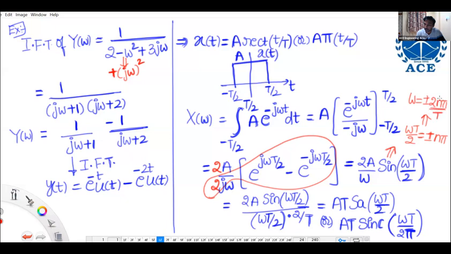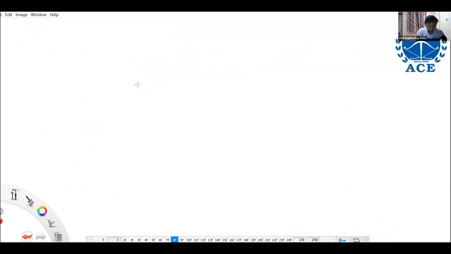If I substitute omega as 2 pi by t, sin pi by something, gone. If I substitute omega as 4 pi by t, sin 2 pi by something, gone. It means in this particular example, the spectrum becomes 0 for all integer multiples of 2 pi by t.